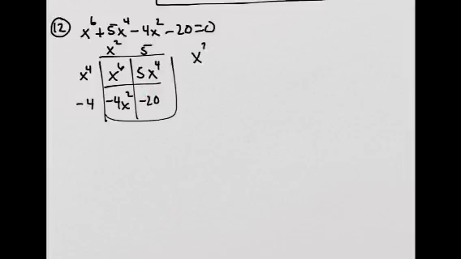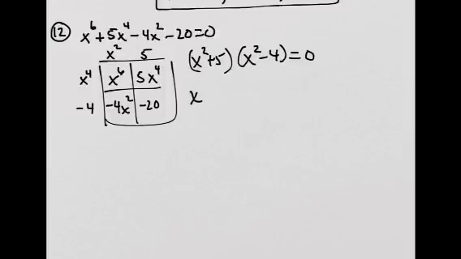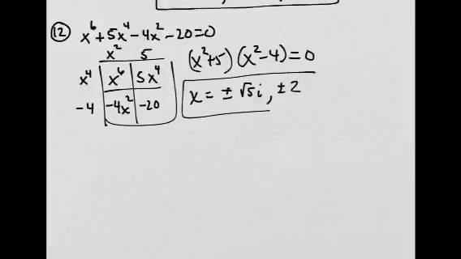So my factors are x squared plus 5, x squared minus 4, equals 0. So my zeros, or my roots, are plus or minus square root of 5i, and then for the second factor, plus or minus 2. So 2 real and 2 imaginary.